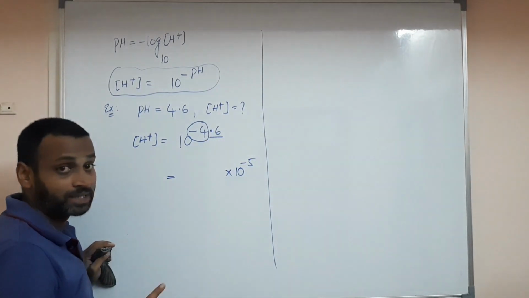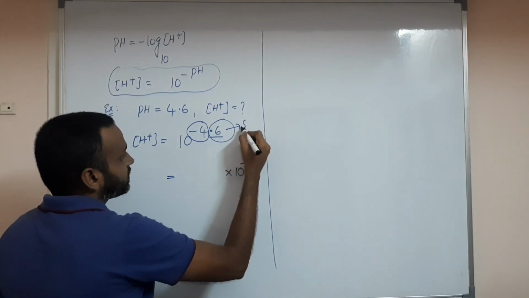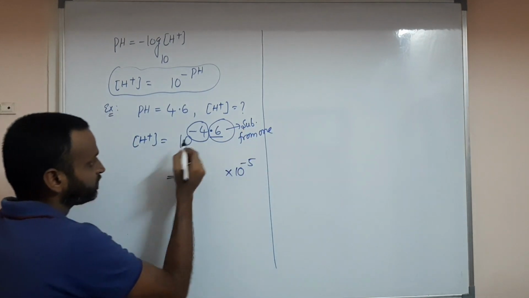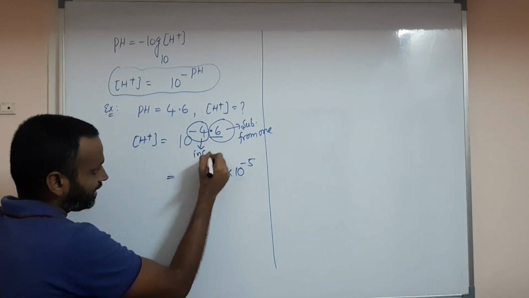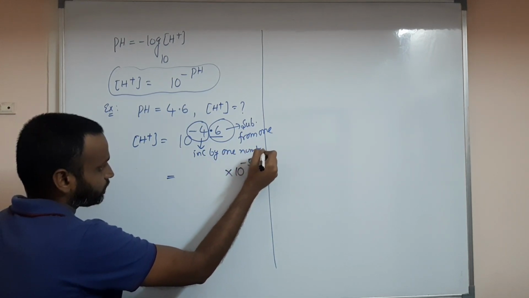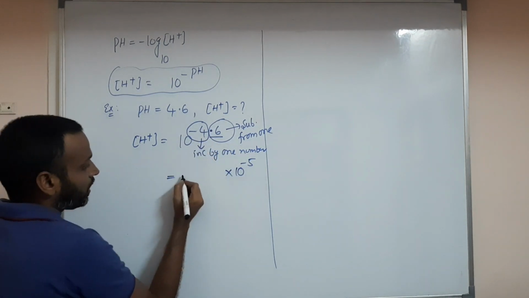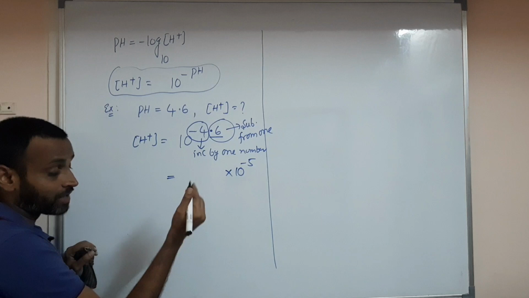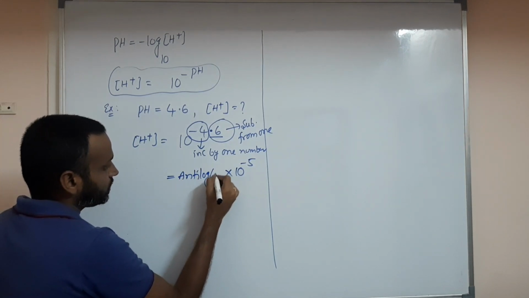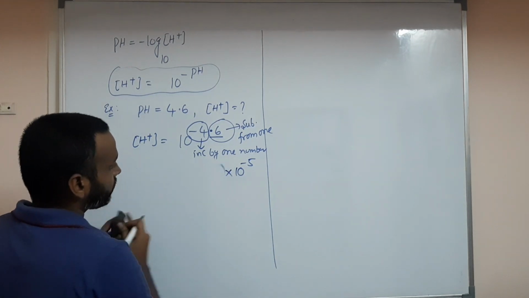That 0.6 you subtract from 1. So 0.6 subtracted from 1 comes as anti-log of 0.4. Why I wrote anti-log of 0.4, understood?